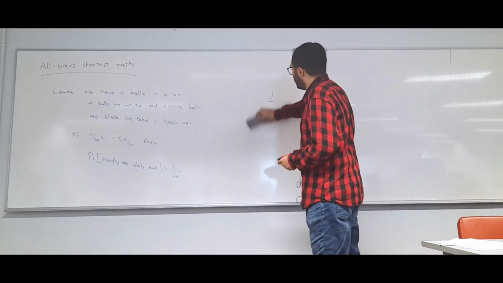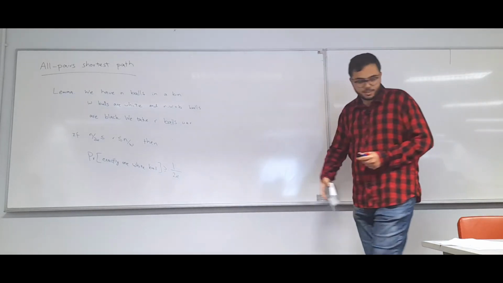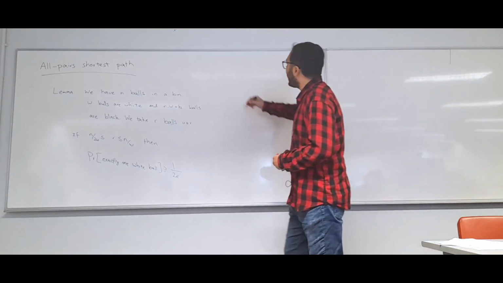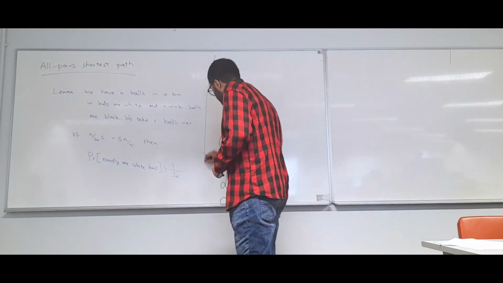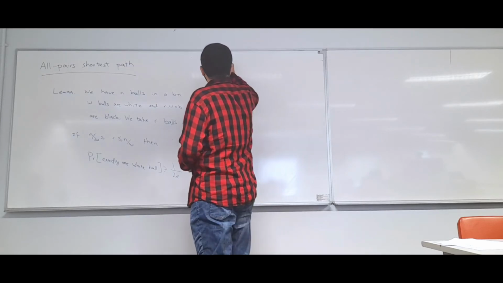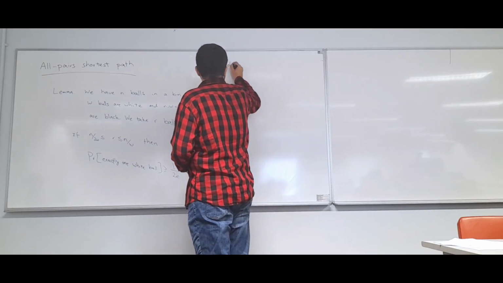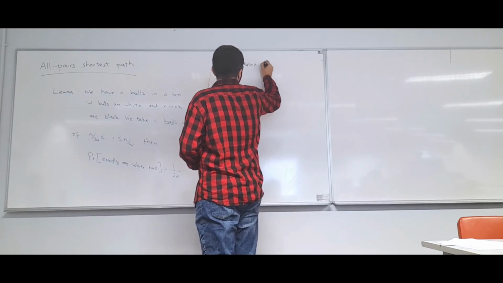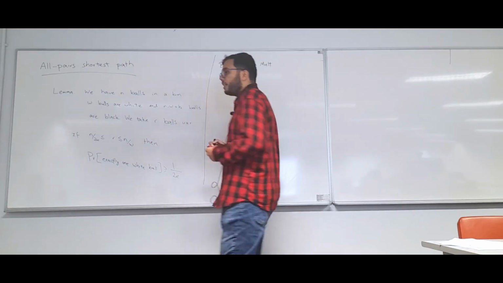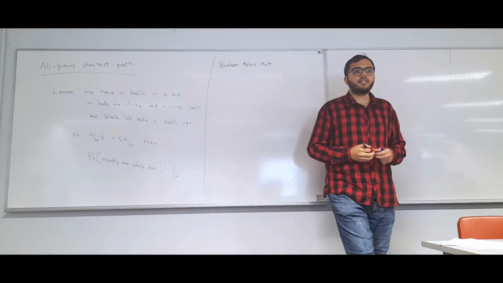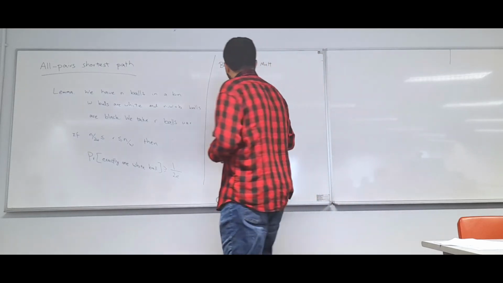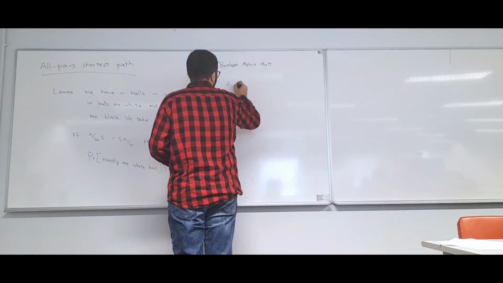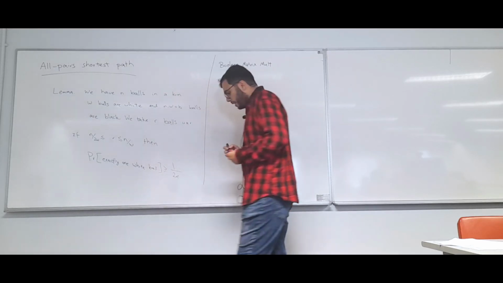Okay, now I'm going to use this for a completely different problem. And this problem is also some sort of matrix multiplication. But it's what we call Boolean matrix multiplication. Okay, so let's say I have two matrices, A and B, and let's say that they are both n by n, and I want to multiply them.